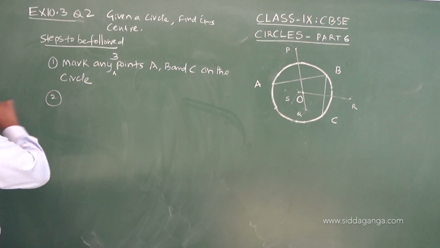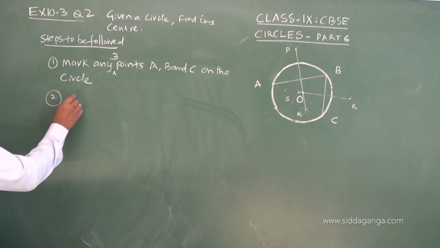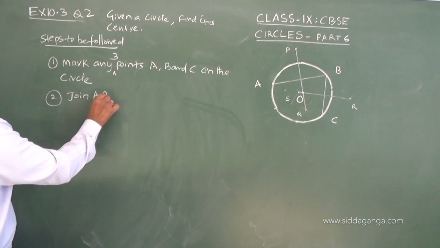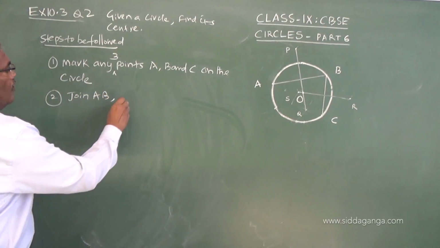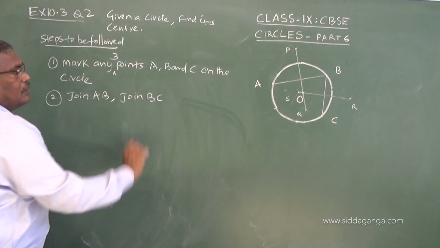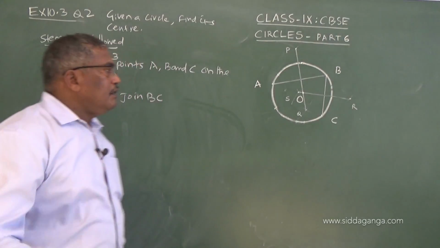Second, join AB, join BC. So, you will get two chords AB and BC.